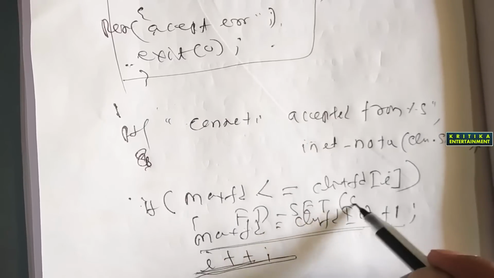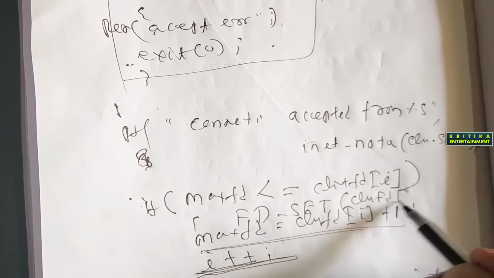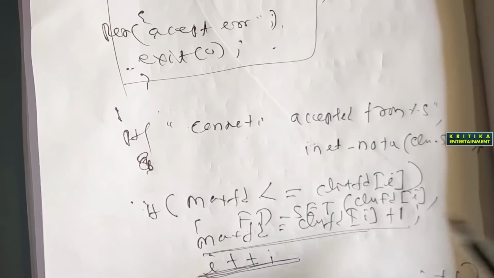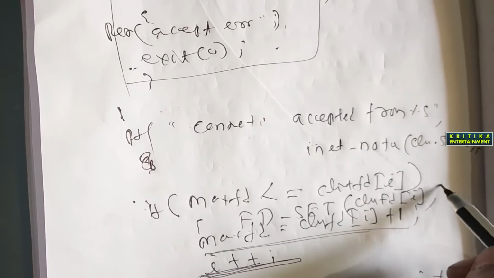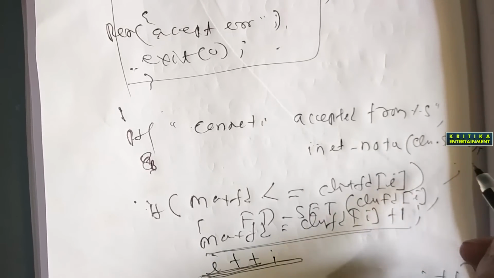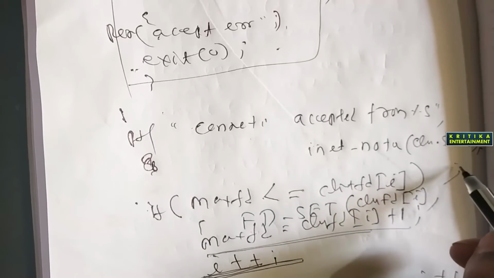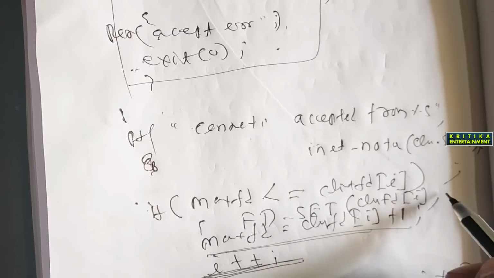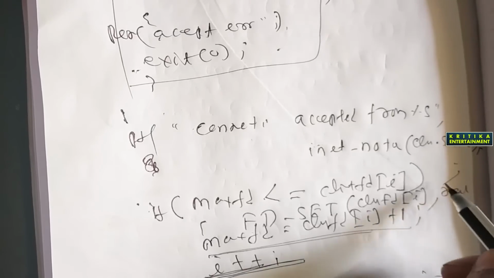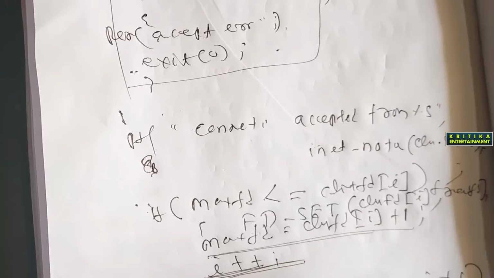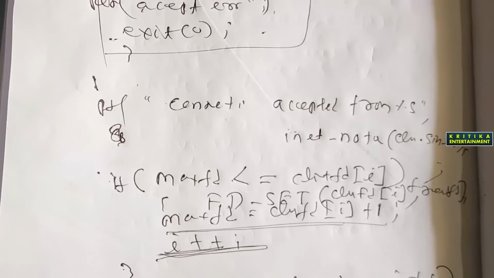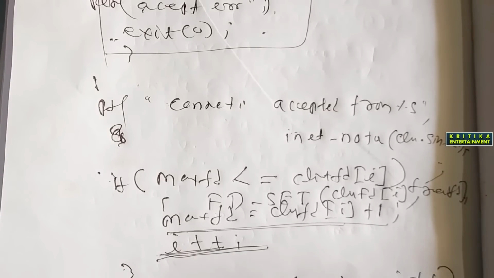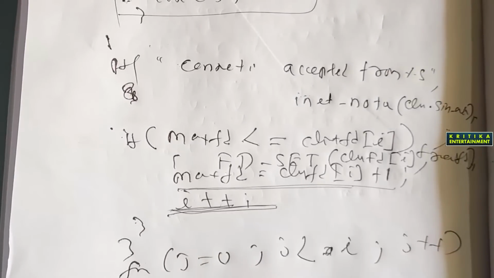What to write here? Now client FD i, comma, which FD will we write, read FD or copy FD? Read FD is my primary, so it should be added to read FD, not copy FD. So we write ampersand read FD.